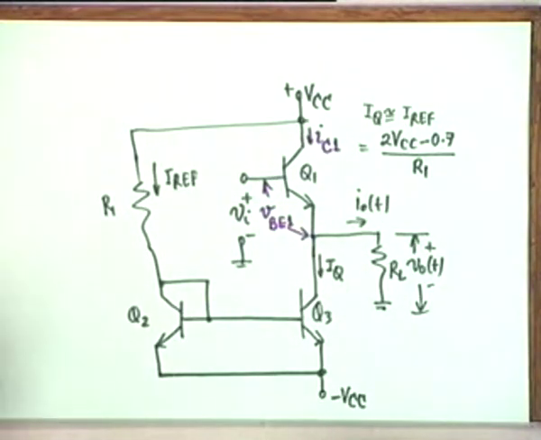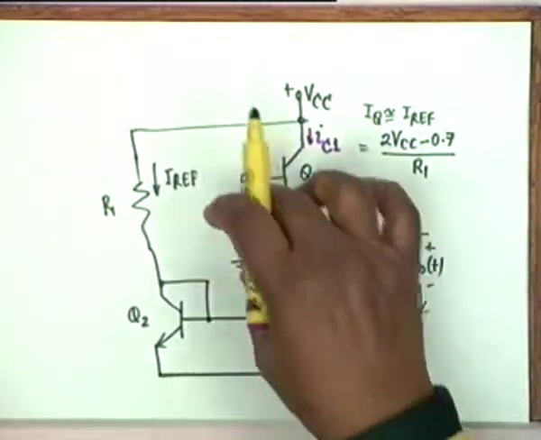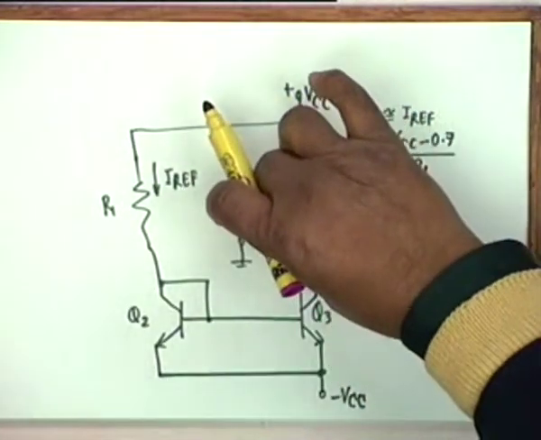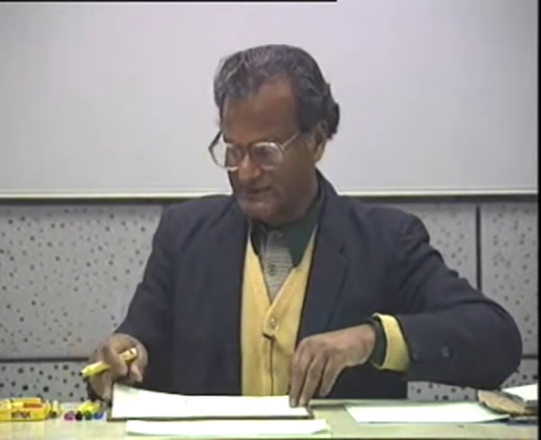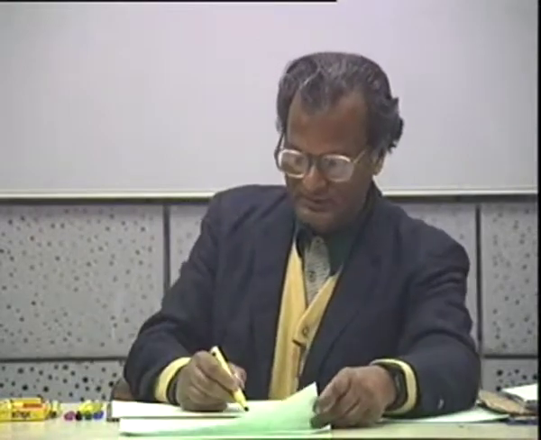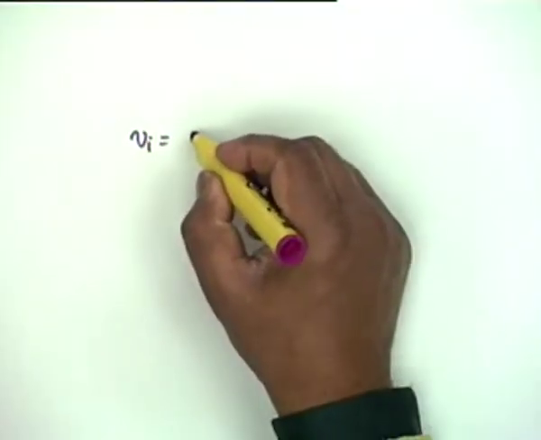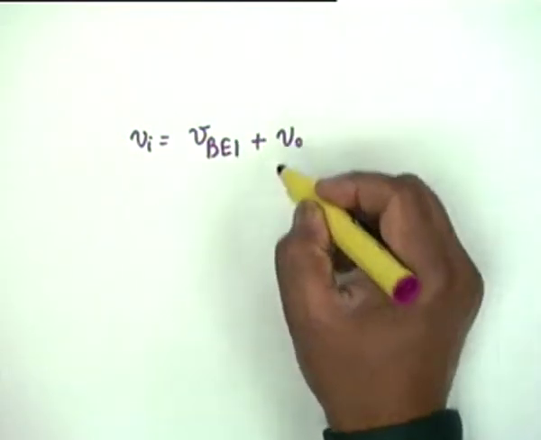Then obviously, the relationship is that VI is equal to vBE1 plus V0. Agreed? Let us write this relationship: v sub I is equal to v sub BE1 plus V0.